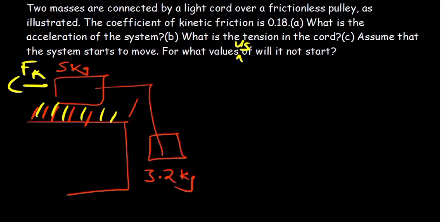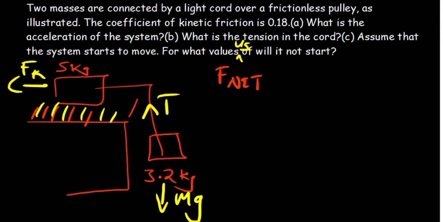So let's start. The first part of the question is asking us to find the acceleration. Remember, we're supposed to come up with a relationship for each mass. If you look at the mass that is down there, what is making it go downwards is mg. What is opposing is the tension. So the net force is the difference between the force leading to motion, which in this case is the weight, and what is opposing, the tension.